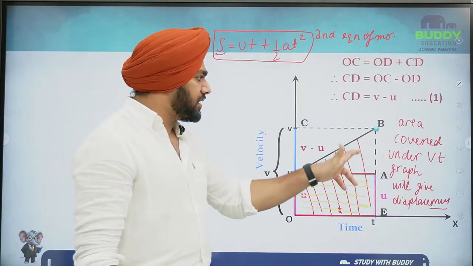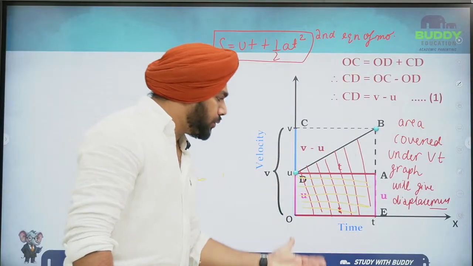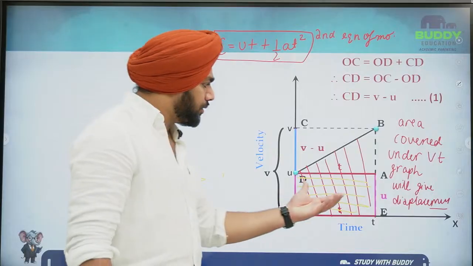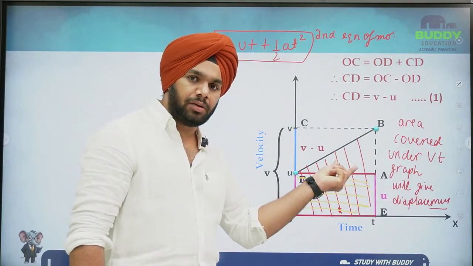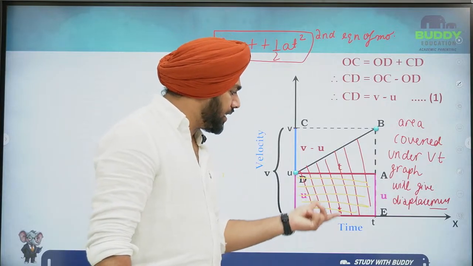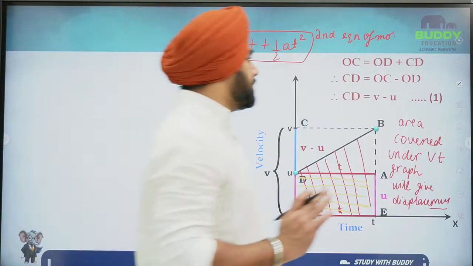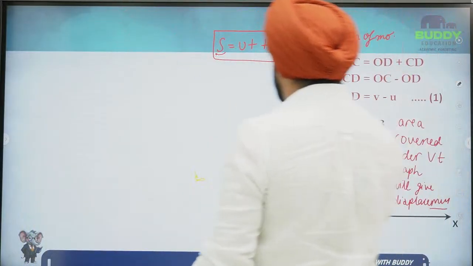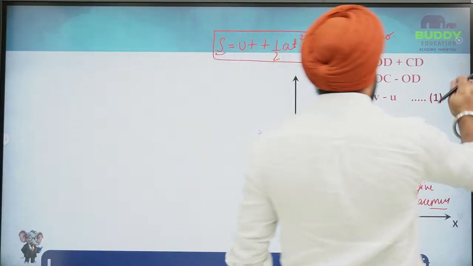But if you break this graph down into two parts, you have to take the area of the rectangle plus the area of the triangle. Okay, so let's add this down. Area of rectangle plus area of triangle will give you the total displacement.